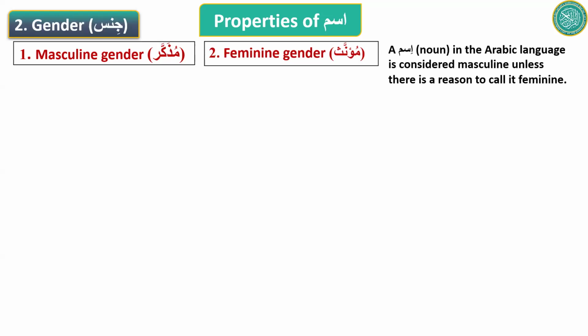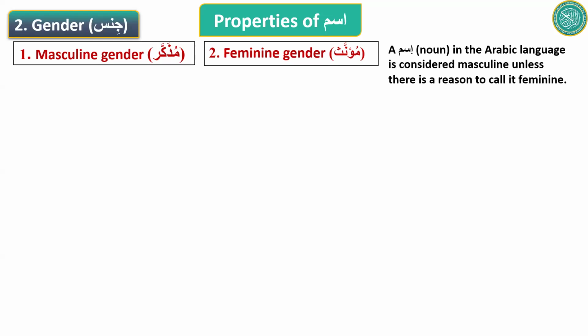And remember the general statement for it, in the top right corner. An ism in the Arabic language is considered masculine unless there is a reason to call it feminine.